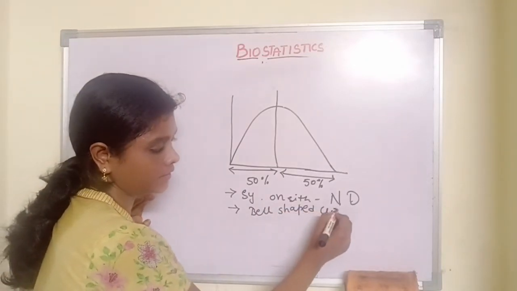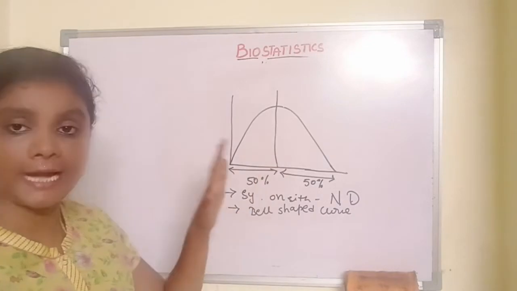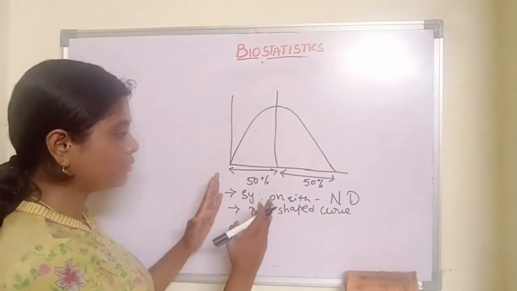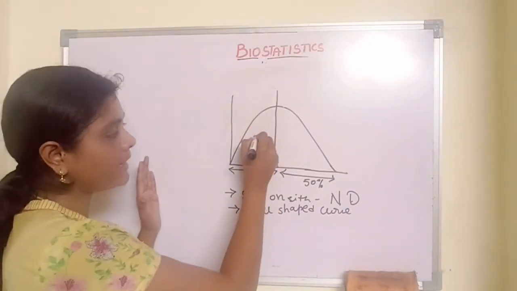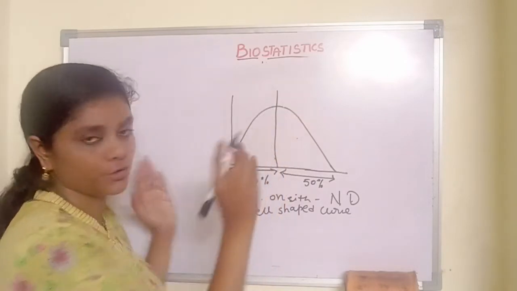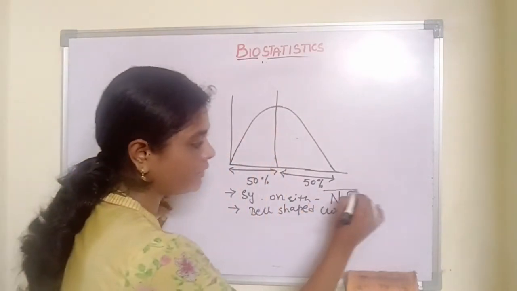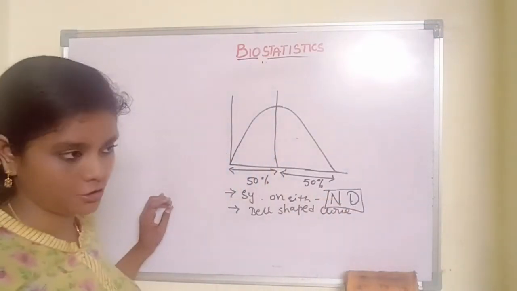The entire data is distributed equally and symmetrically on either side of the center. Then only we can call it normal distribution.